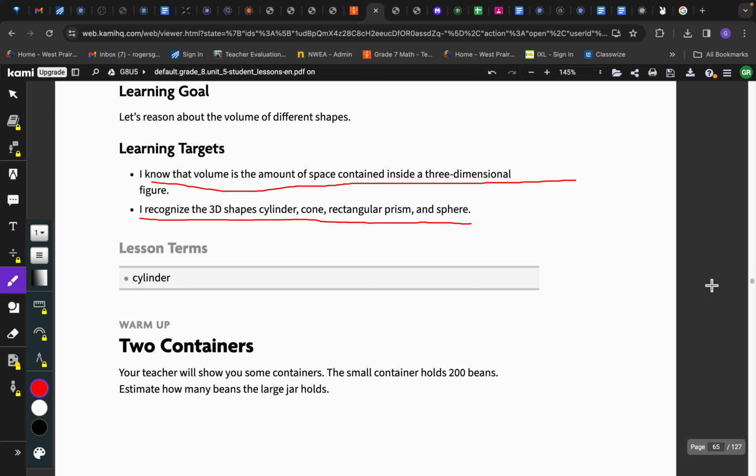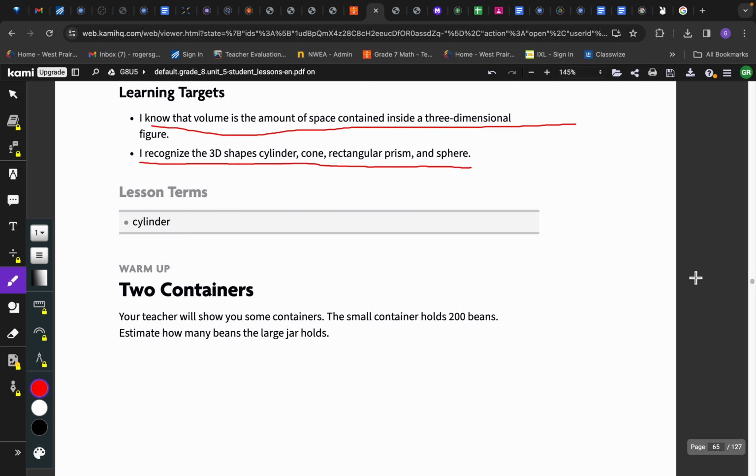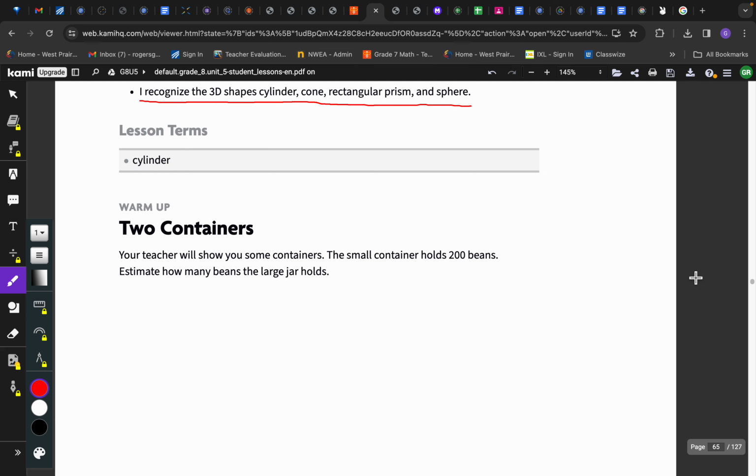Today is just another, let's build the concept of volume and volume shapes and how one can differ from the other, and then also maybe we'll dabble into little types of units of volume. But nevertheless, let's look at the warm-up problem.